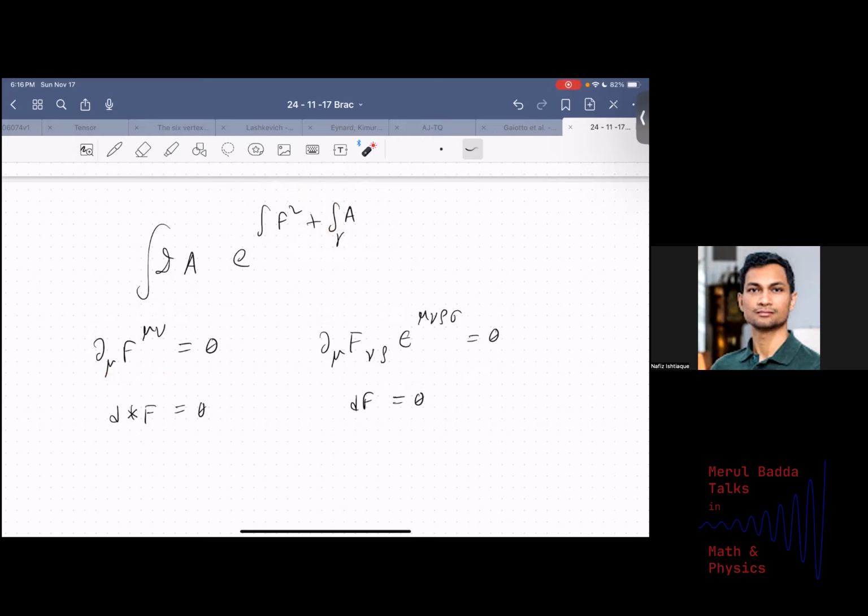Okay, so let me now remember which one, because I always forget. Does anyone know which one? Okay, I'm going to guess that it's the first one, but here I may be wrong. So you're going to modify this equation by, I'm not going to be very precise, a delta function. In other words, d star F is still pretty much 0, except where the line is located.